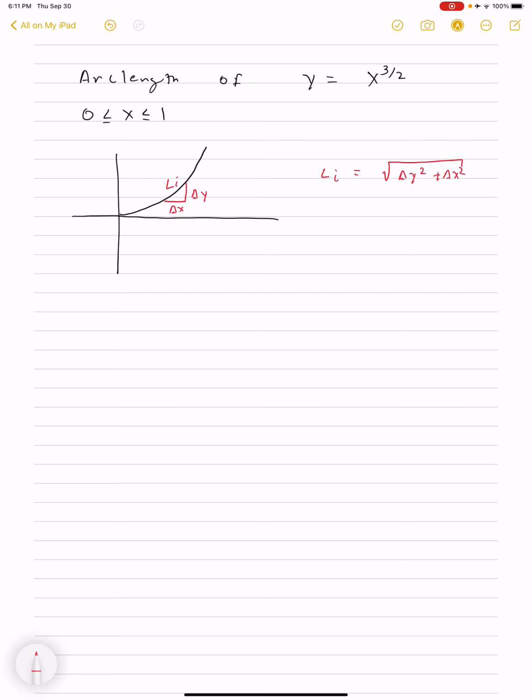So the idea here is, if I can break this into small little chunks along the curve, then I can get the exact length of the curve, okay? And here, delta x is the small change in x.